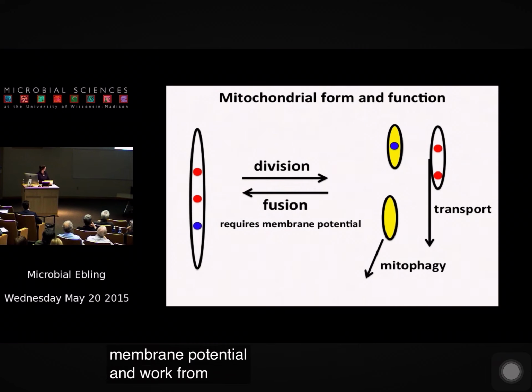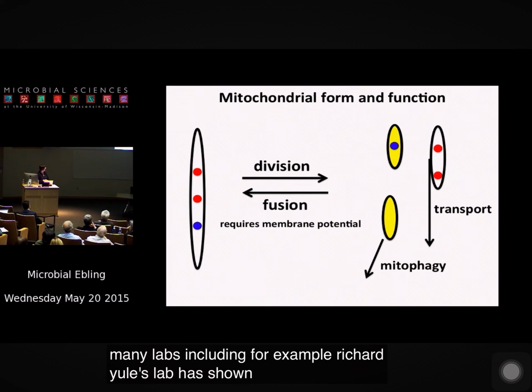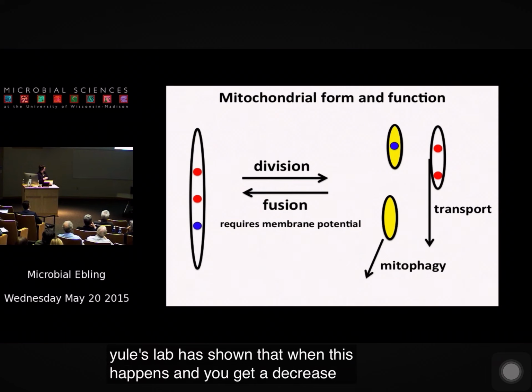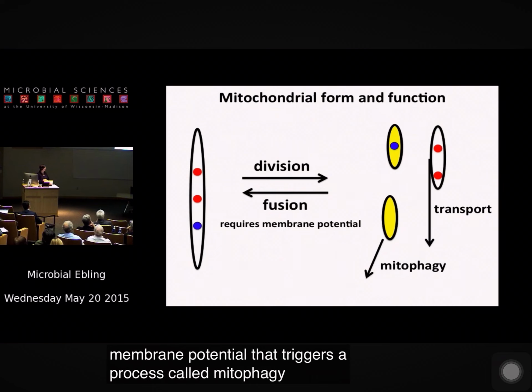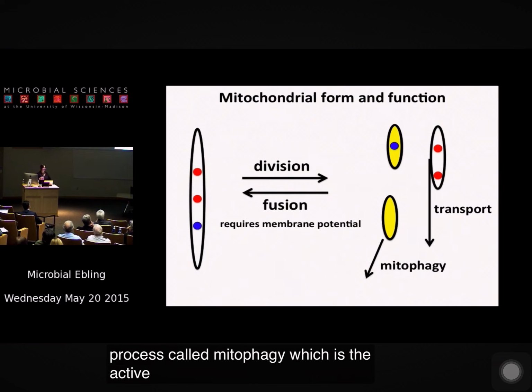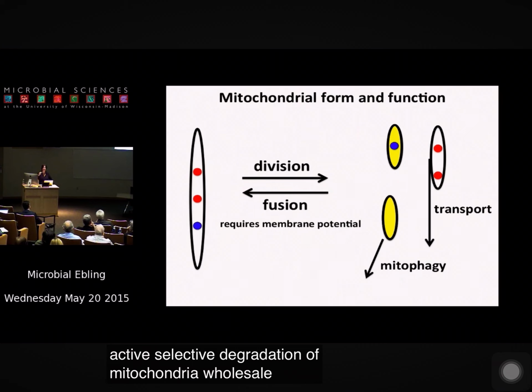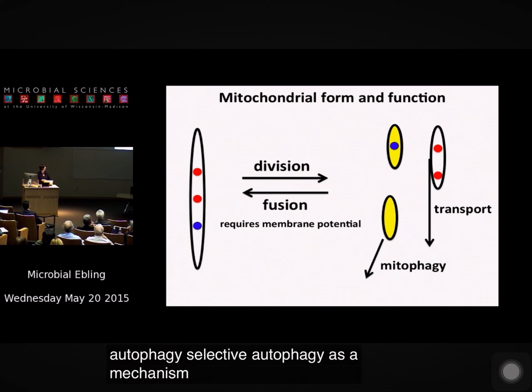And work from many labs, including, for example, Richard Youle's lab, has shown that when this happens and you get a decrease in membrane potential, that triggers a process called mitophagy, which is the active, selective degradation of mitochondria wholesale using autophagy. Selective autophagy is the mechanism.